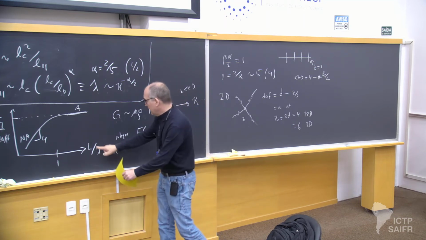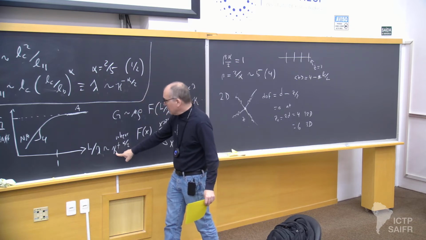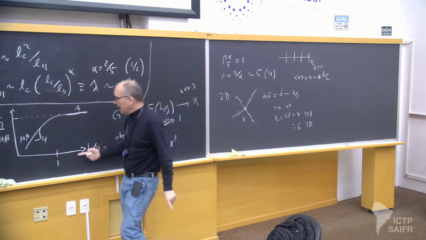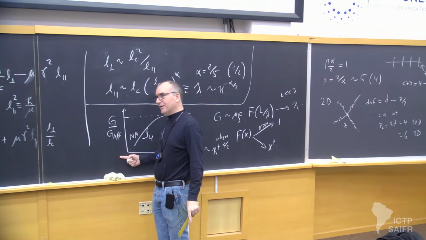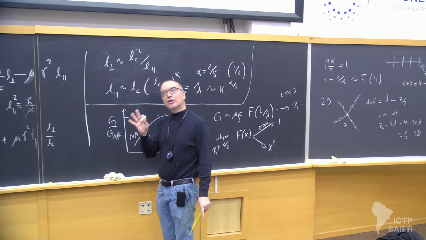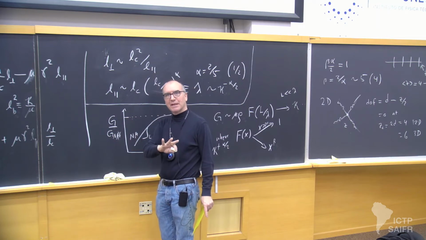Oh, sorry, it's in the denominator, so I should put a plus there. So as kappa goes to 0, continuously from finite values, I go to the left extreme of this figure, and the modulus is small. It's an order of limits argument. It's not Maxwell or not Maxwell. It's an order of limits.